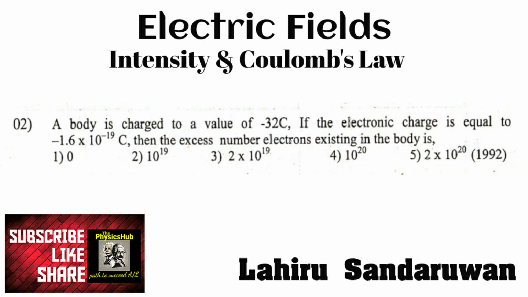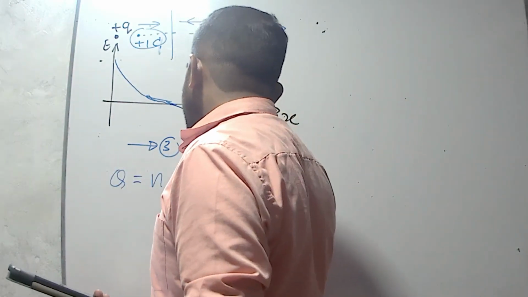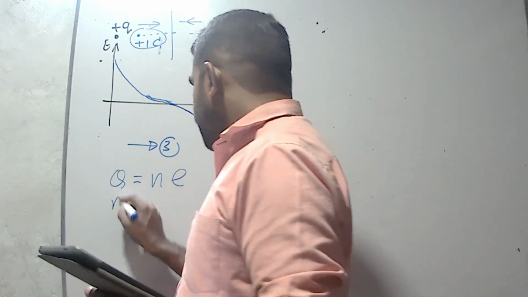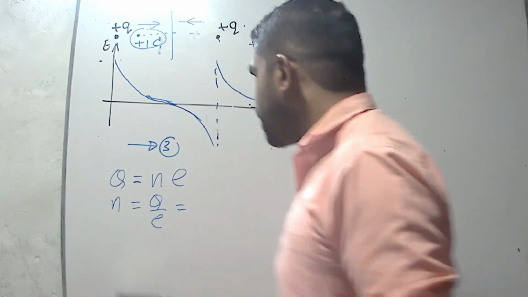A body is charged to a value of minus 32 Coulomb. If the electron charge is equal to minus 1.6 into 10 to the power minus 19 Coulomb, then find the excess number of electrons existing on the body. We know that charge is the number of electrons into the charge of an electron. Then the number of electrons is the charge divided by the charge of an electron.